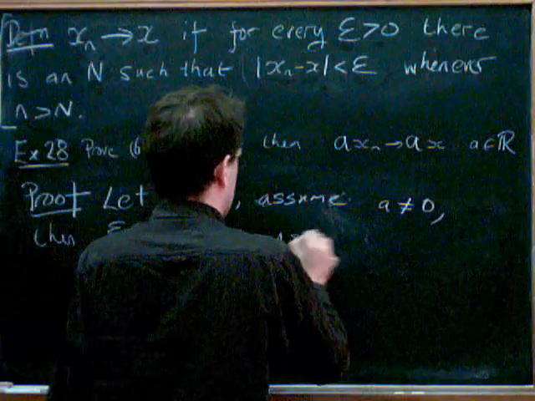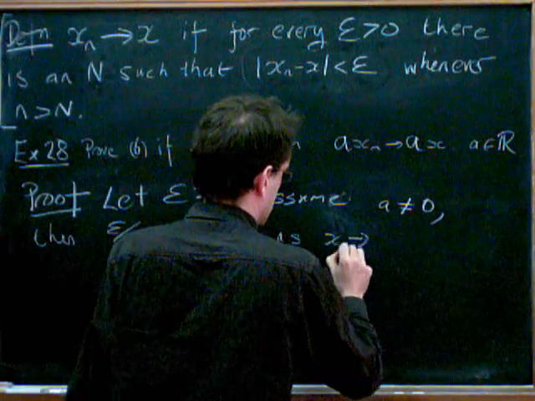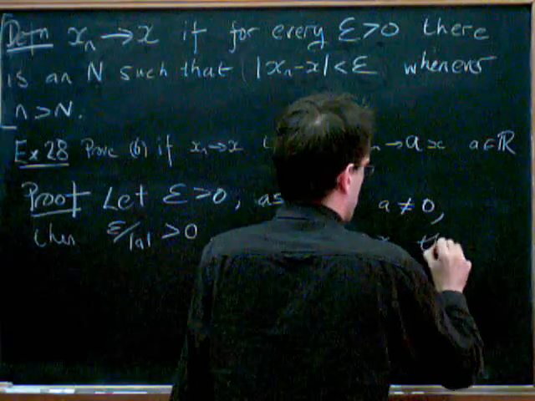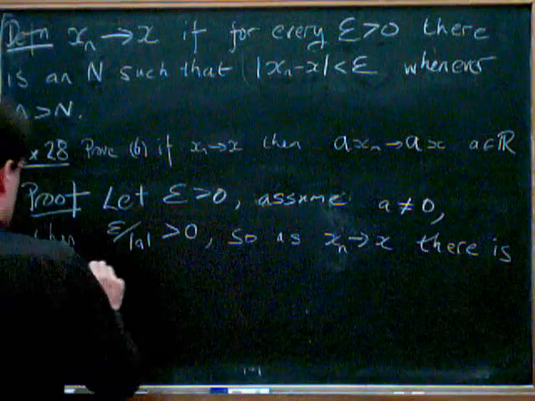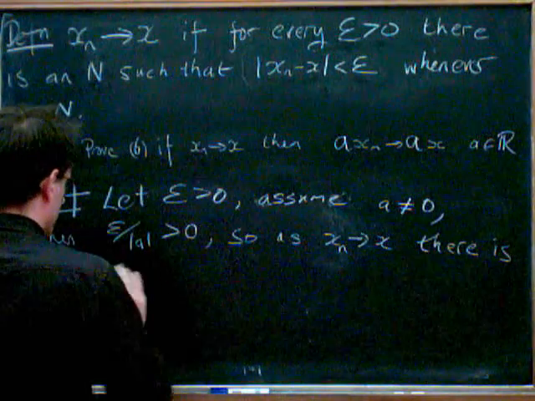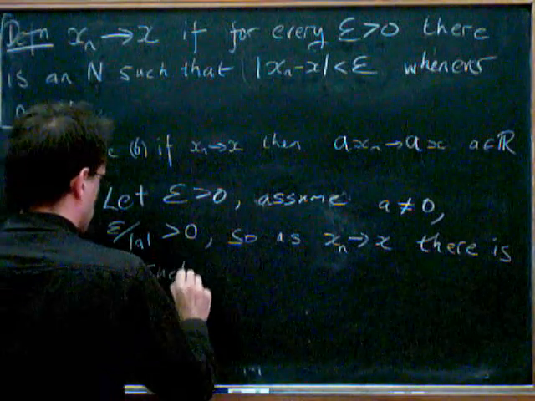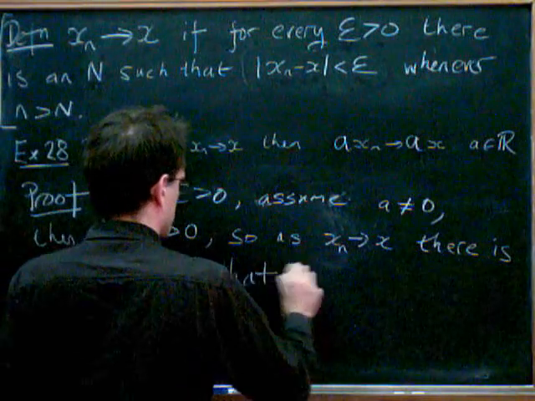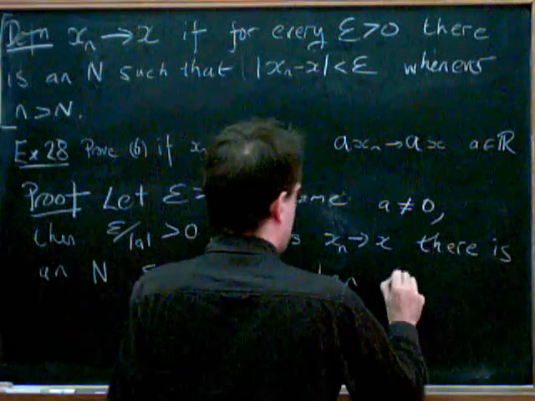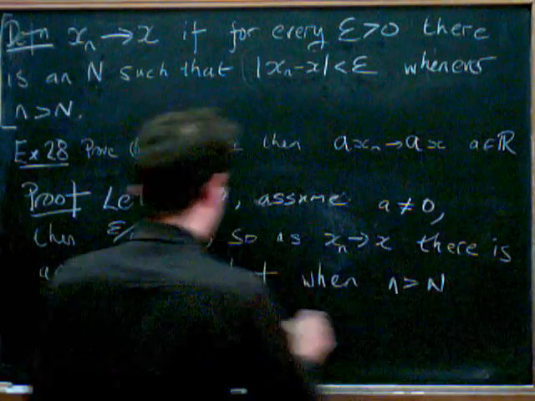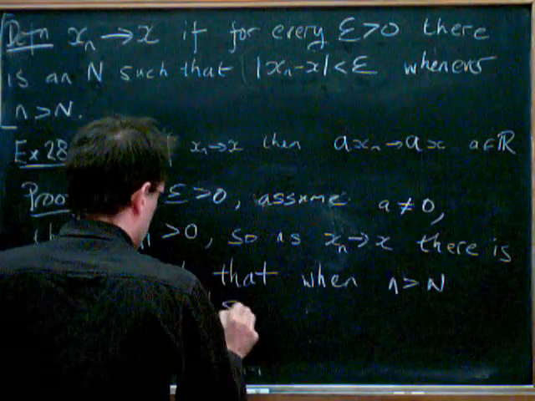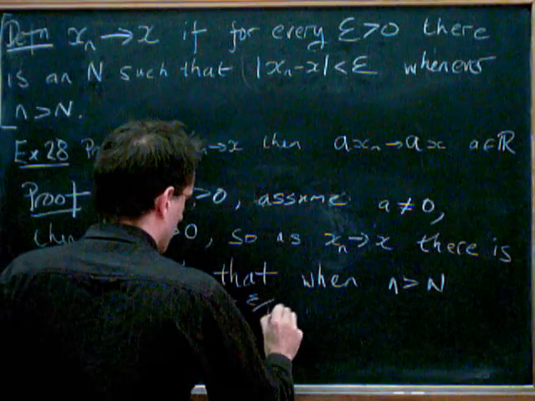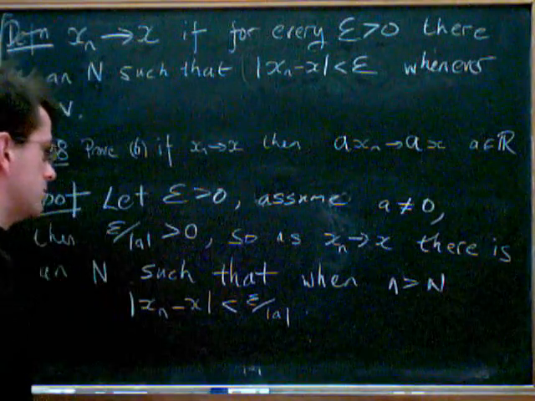So as xn tends to x, there is a big N such that when n is bigger than big N, the modulus of xn minus x is less than epsilon over mod a.